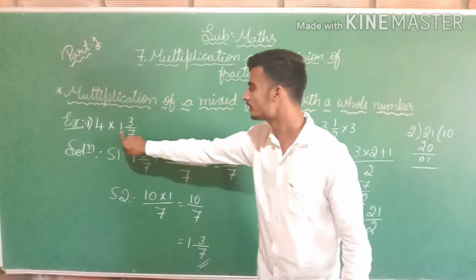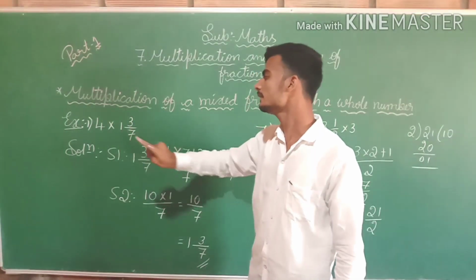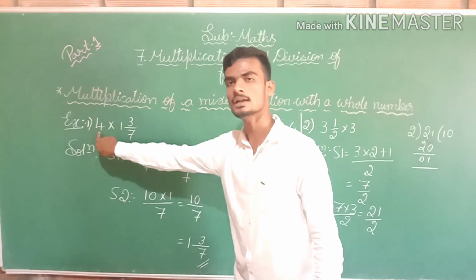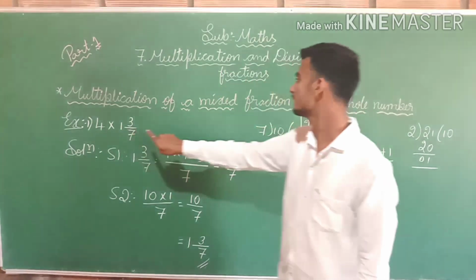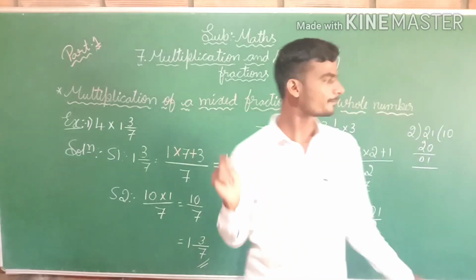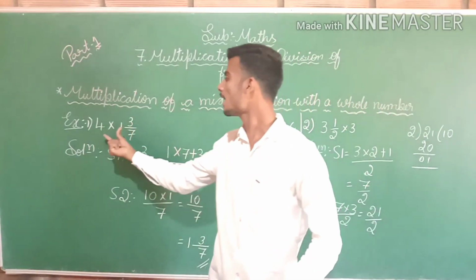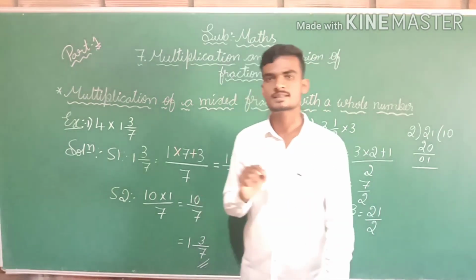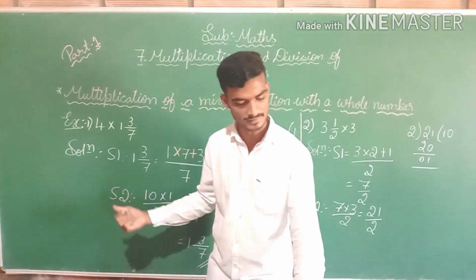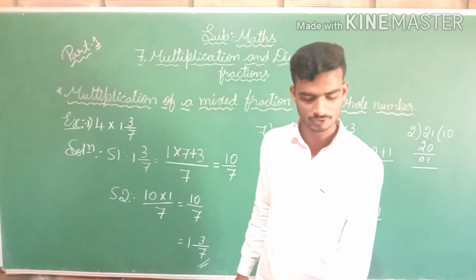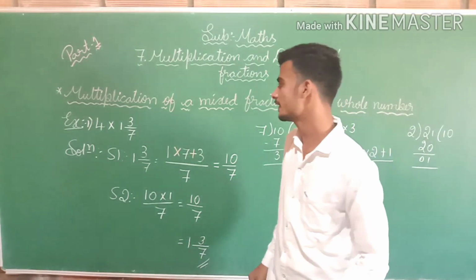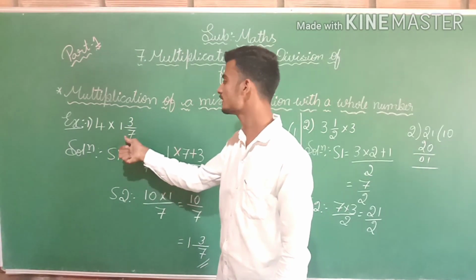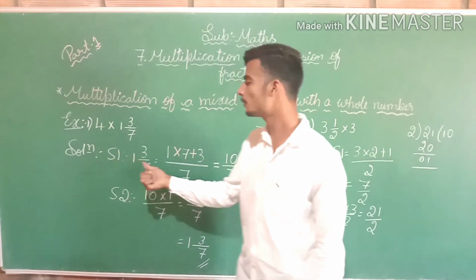So dear students, let us take one example of a mixed fraction with a whole number. See here, I have taken 1 whole 3 by 7. This is a mixed fraction, and this is a whole number. Then how to multiply these numbers? In step 1, you have to convert the mixed fraction into an improper fraction.